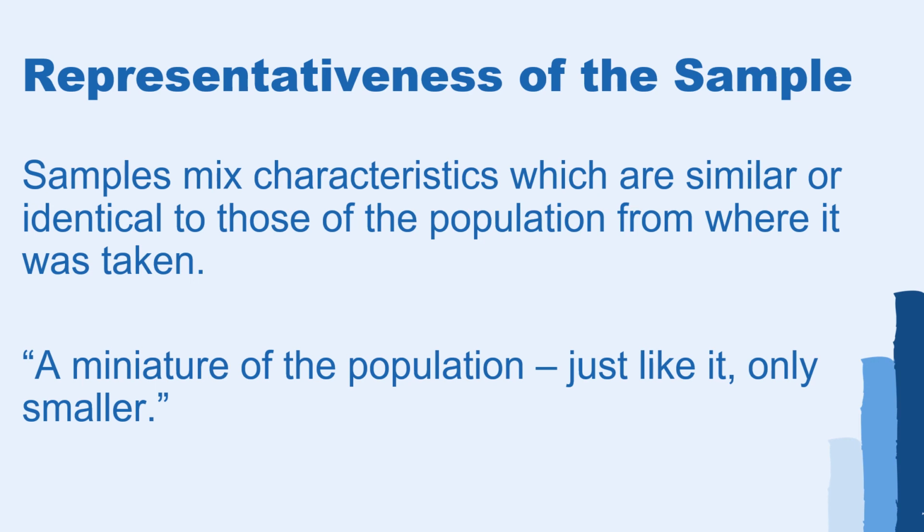Then, when we talk about representativeness, you need to make sure that this is a miniature of the population. It's just like the population, only smaller. Another example of that will be male and female, or even the LGBTQ. If you are conducting research about HIV, you do not just say, I want to conduct the research among males having sex with males.